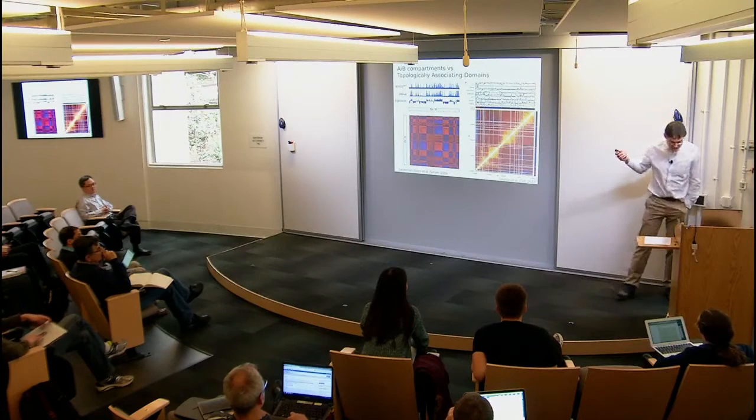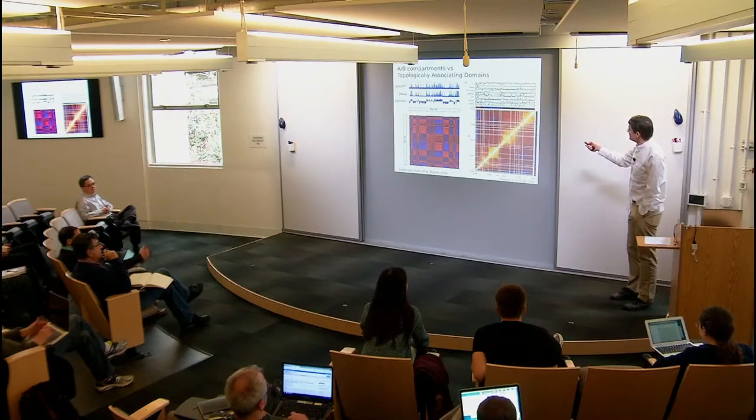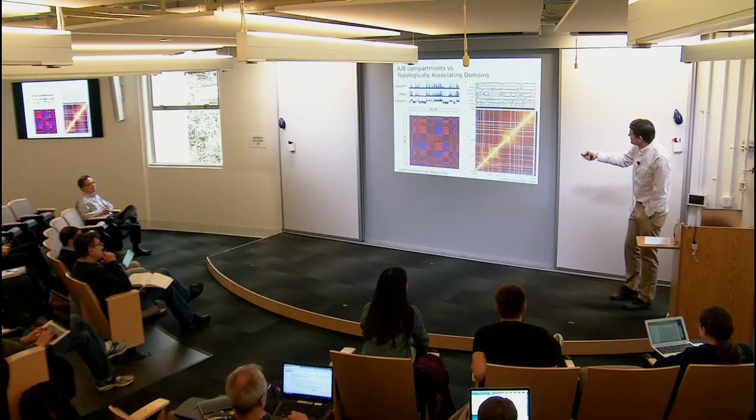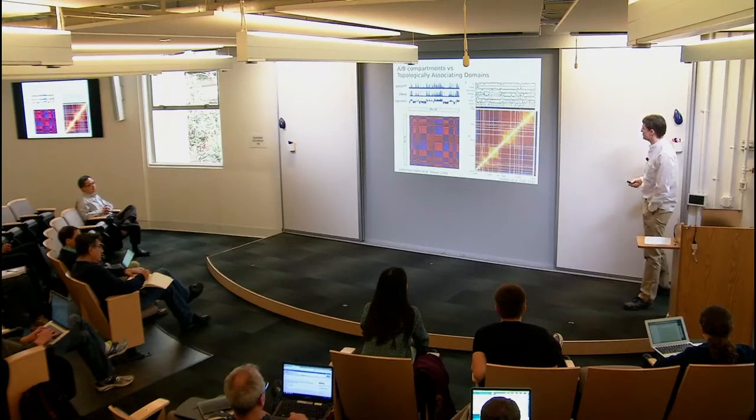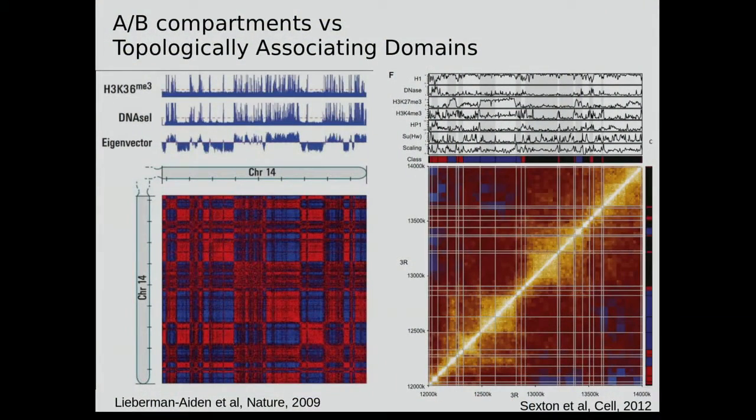So this is not really the main topic, but we've been looking at this as well. It has been shown also by other people, and just to remind you of what Leonid and some other people were talking about before, there are these two ways of looking at these Hi-C data.